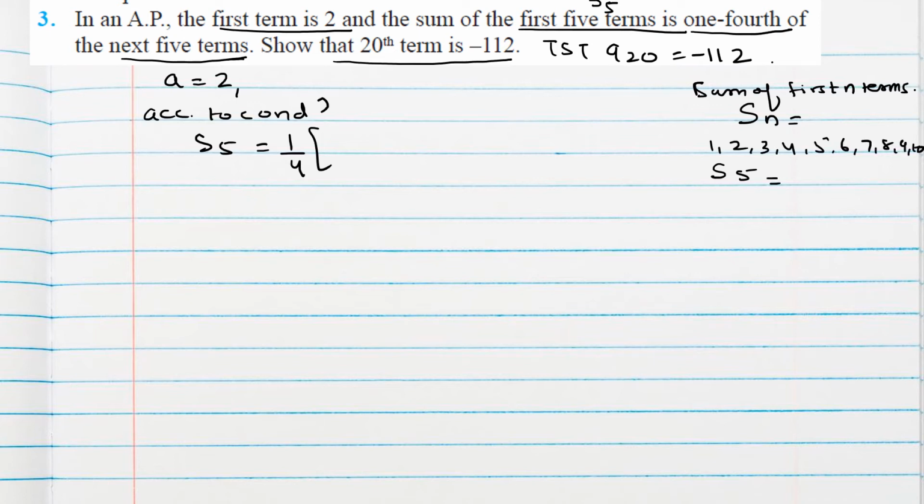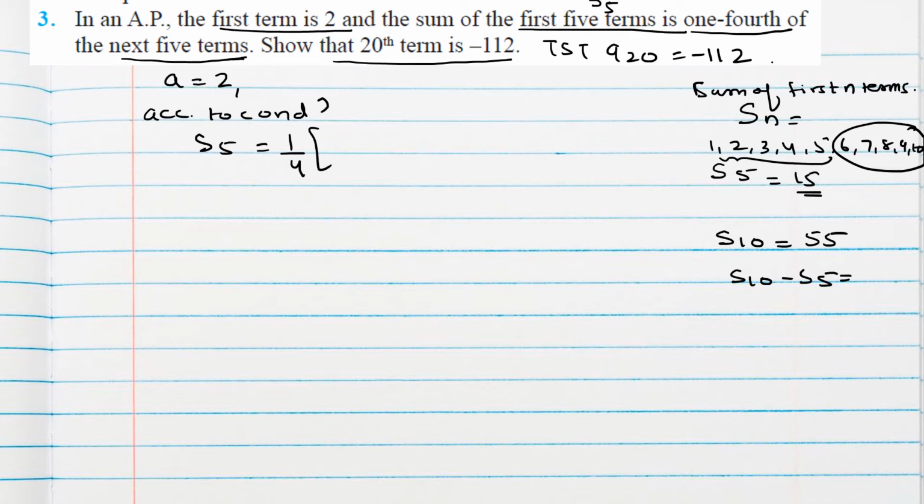S5 means 1 plus till 5. Then S10 minus S5 will give the summation of these 5 numbers, that is from 6th term to 10th term.